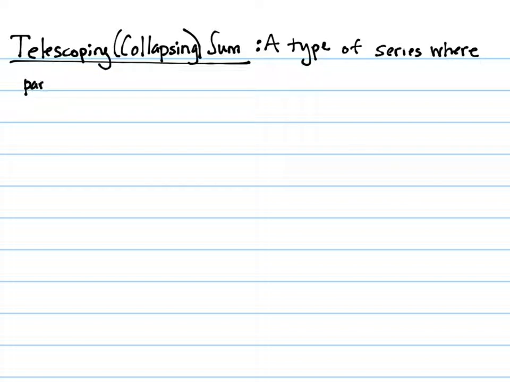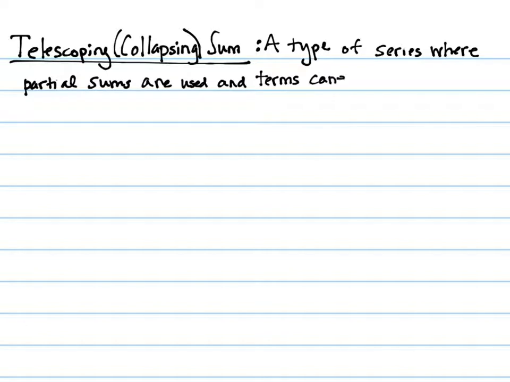This is a type of series where partial sums are used and terms cancel, hence collapse. So the terms cancel out.